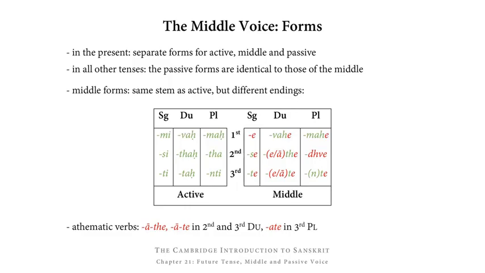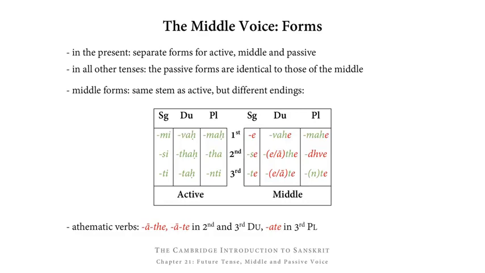So what we're going to be doing is first of all looking at the forms of the middle, and then at the forms of the passive, the separate forms of the passive that we're going to need for the present tense.